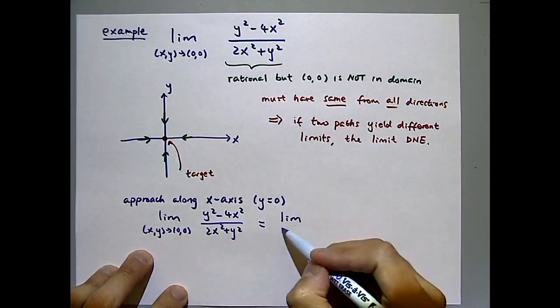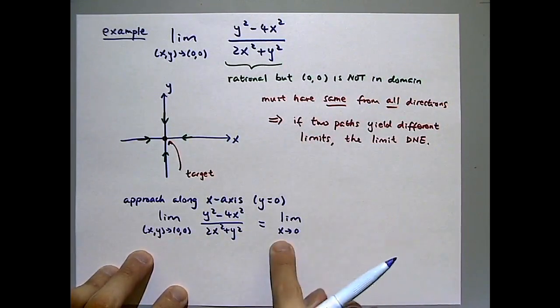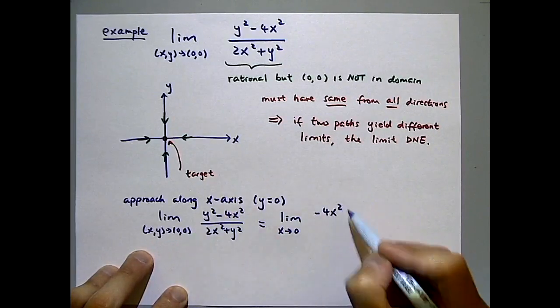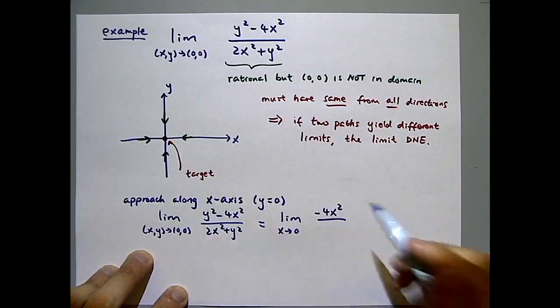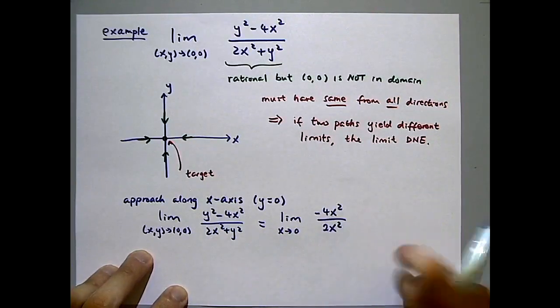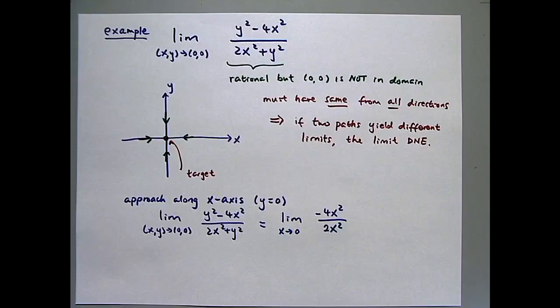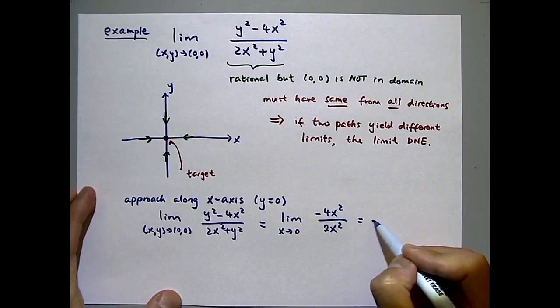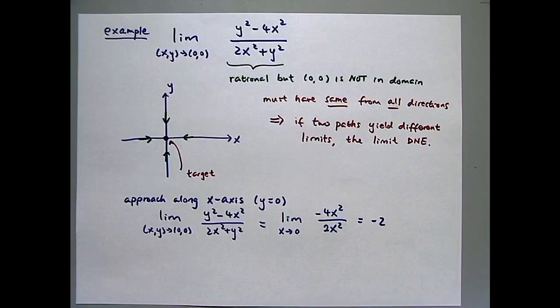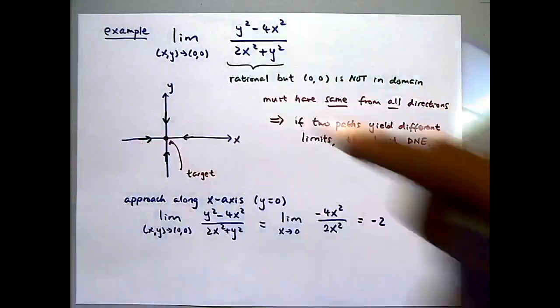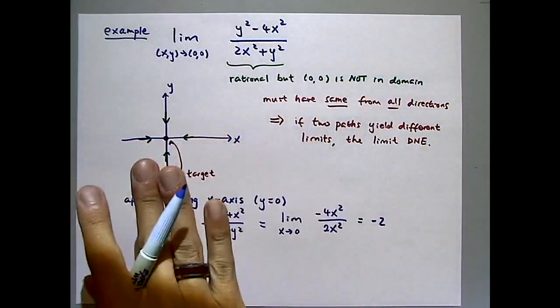So this reduces to a one-variable limit. Then we make y 0, so this is negative 4x squared on the top, and then 2x squared downstairs. Right? And what do we get? We get negative 2. So this is saying that if we approach along the x-axis, as we get closer and closer to the origin, the z level gets closer and closer to minus 2.